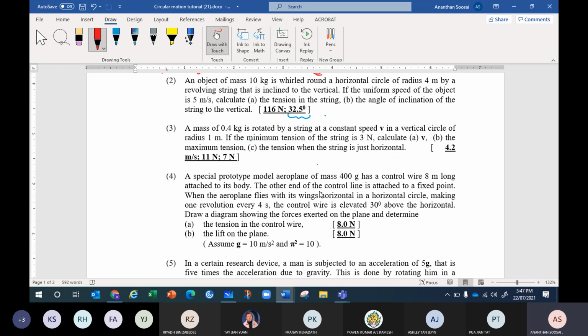The other end of the control line is attached to a fixed point. And the aeroplane flies with its wing horizontal, in a horizontal circle, making 1 revolution per second. The control wire is elevated 30 degrees above horizontal. Draw a diagram showing the forces exerted on the plane and determine the tension and the lift.